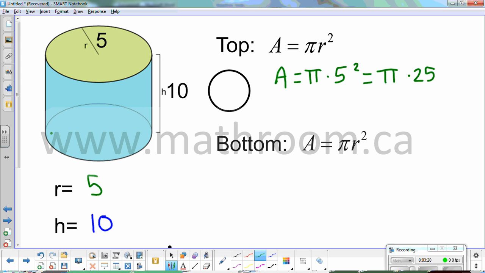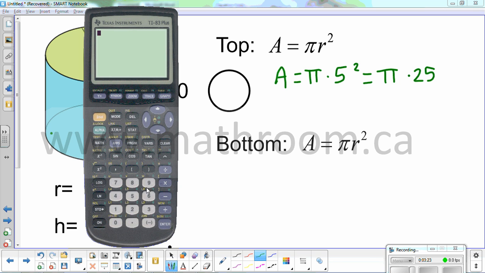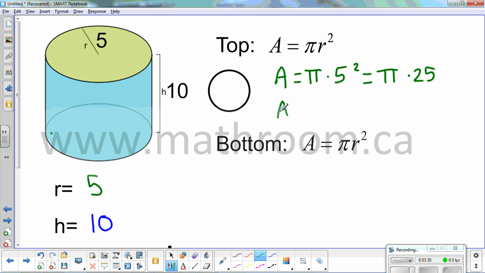If we get our calculator here, pi times 25 equals 78.53. We'll round that off, so area equals 78.5.